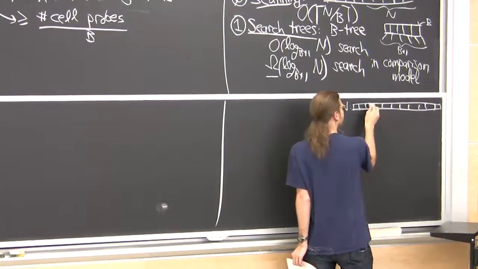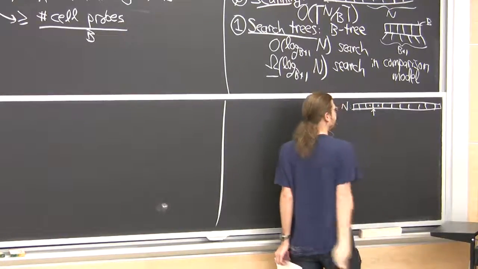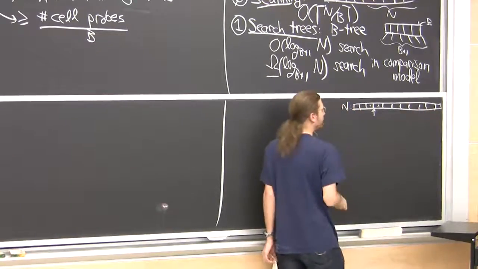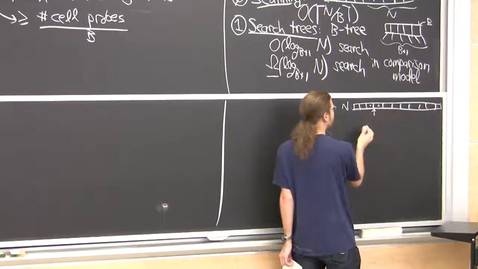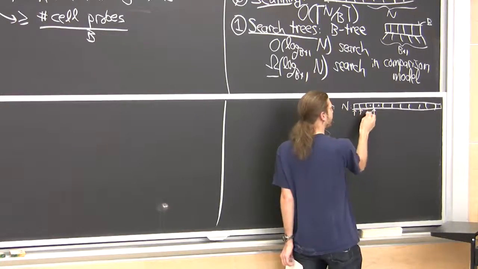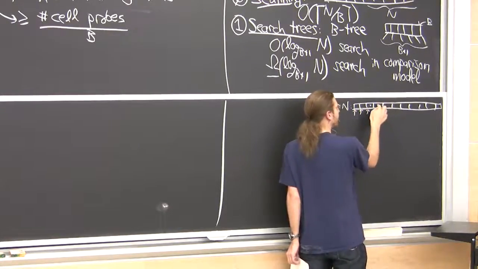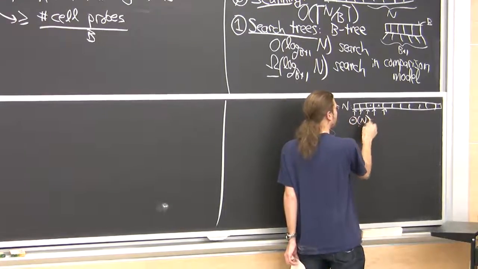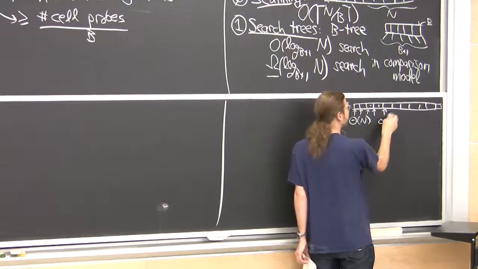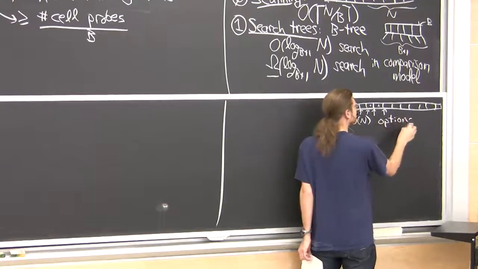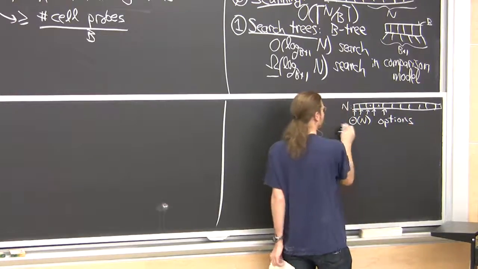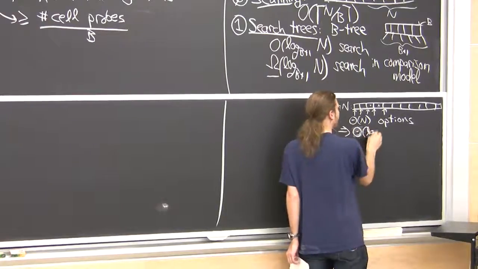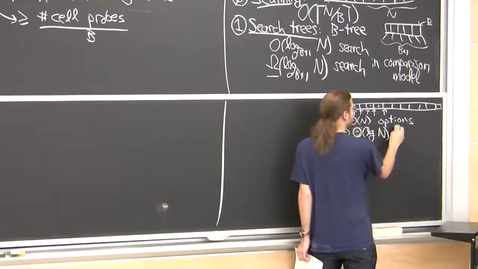So you want to know it's between this element and this element. How many bits of information is that? Well, there's, I guess, n plus 1 different outcomes of where your item could fit. If you allow it to exactly match, it's maybe twice that. But there's theta n options for your answer. And so if you take logs, that is log n bits of information.